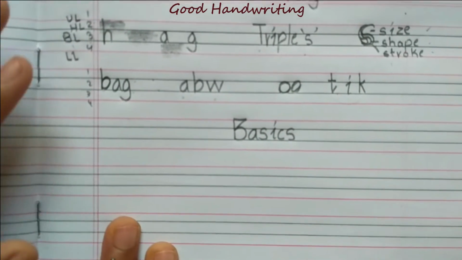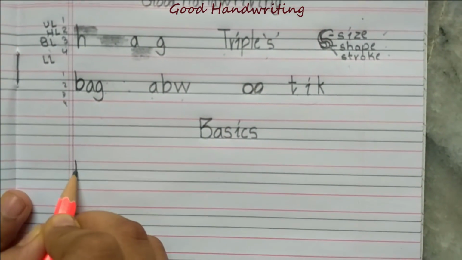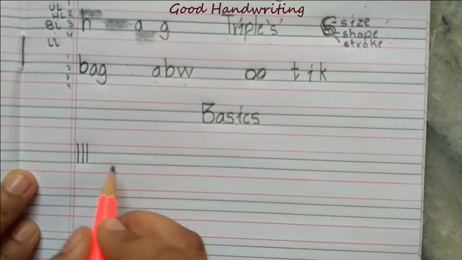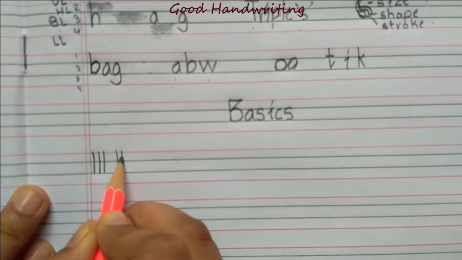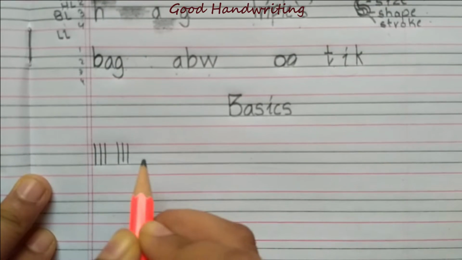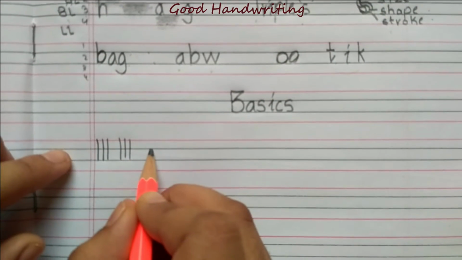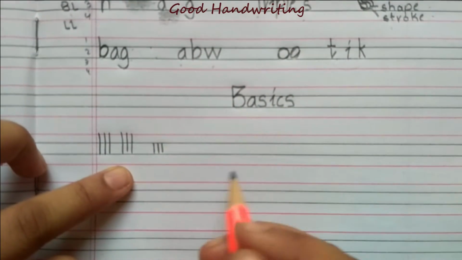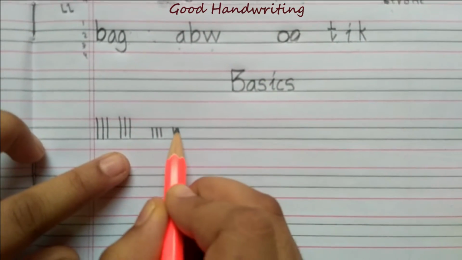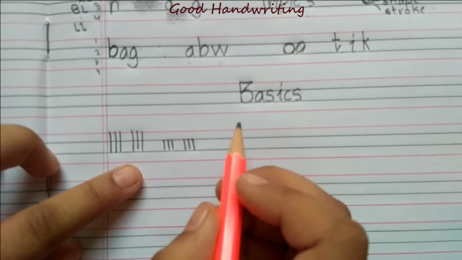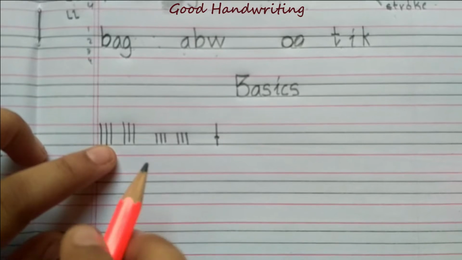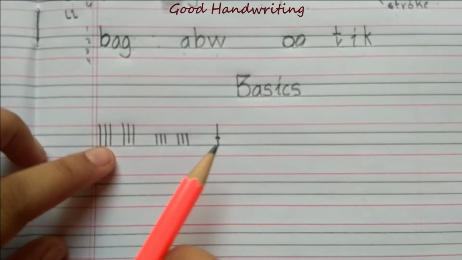The first basis is L. We have to write in middle lines L like this. Write the L and cut like this. See, like this.